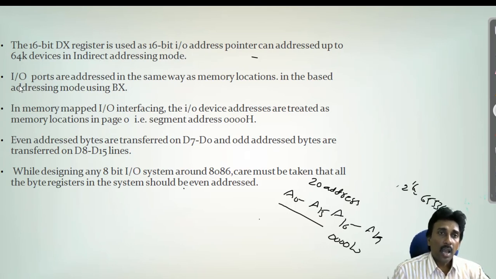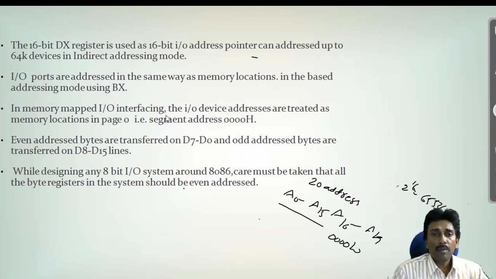IO ports are also addressed in the same way as memory locations in the based addressing mode using BX. So the BX register is also used to address the IO ports or to access particular memory locations in the IO ports.